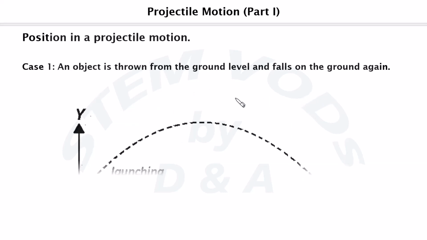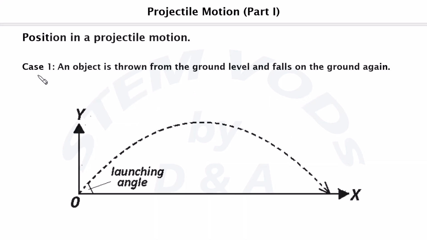The first thing to calculate when dealing with a projectile is, therefore, the position of the object at a given instant t. For a better comprehension of this topic, we will consider all possible scenarios of a projectile motion. Let's consider the simplest case, which deals with an object thrown from the ground, which falls again on the ground, like in this figure.